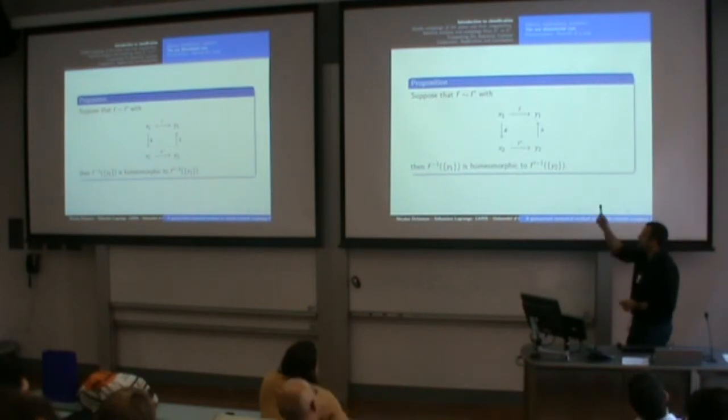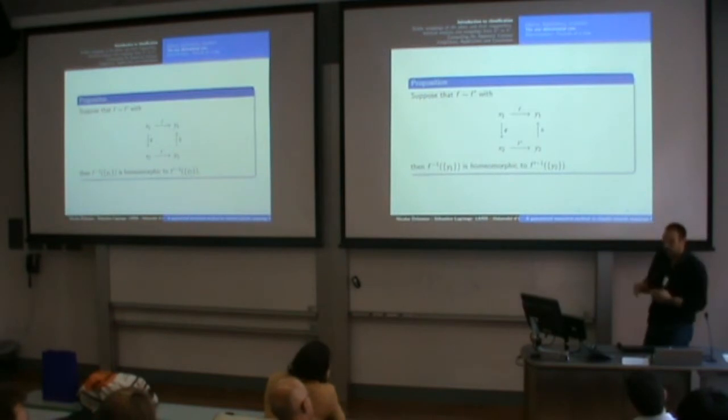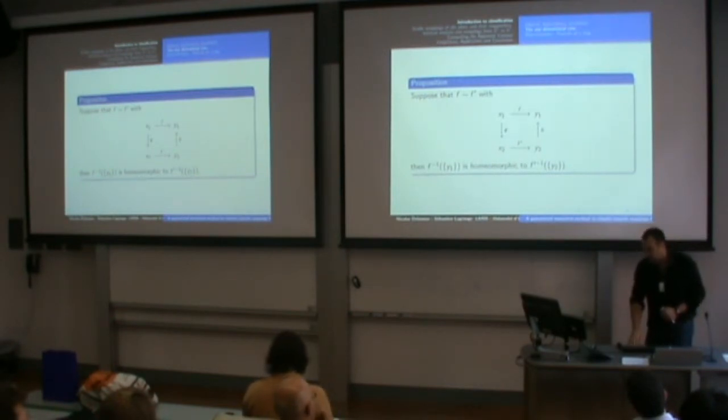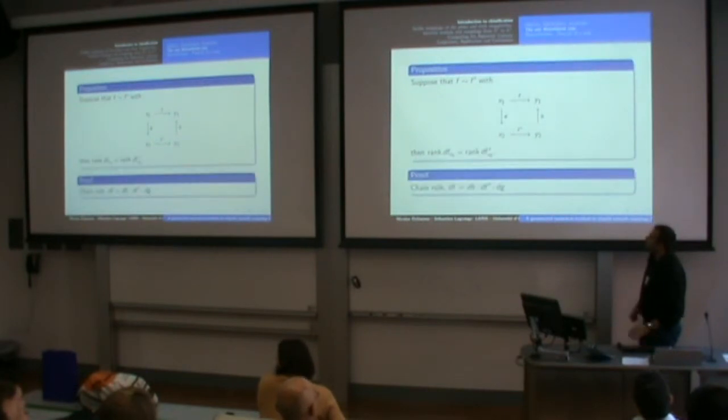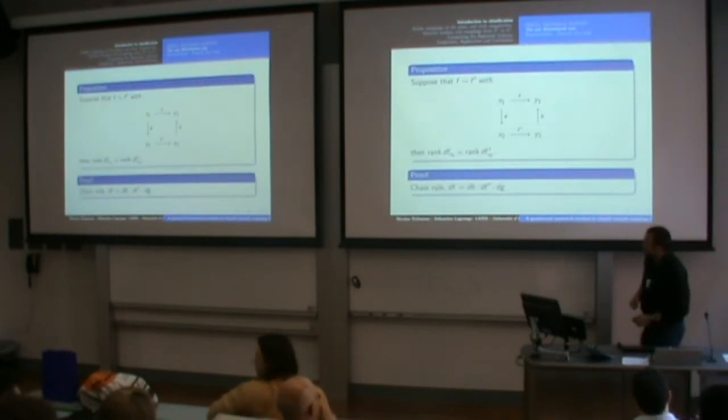This is just given by the change of variable g. So the preimages are homeomorphic. Homeomorphic means that they can be mapped to each other through a continuous map. So this is the first proposition.